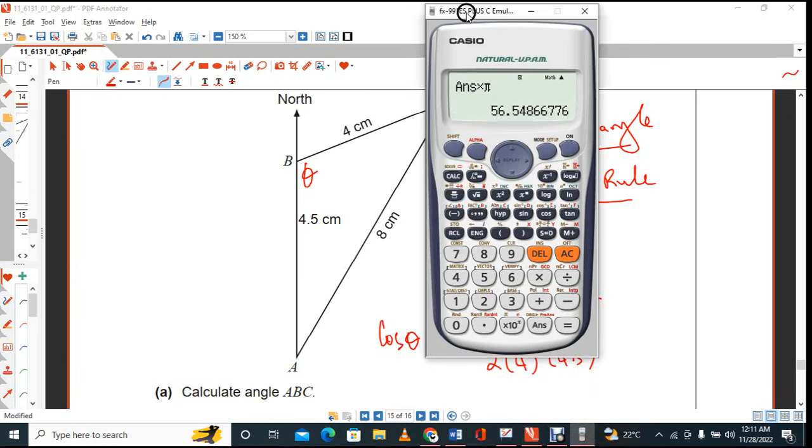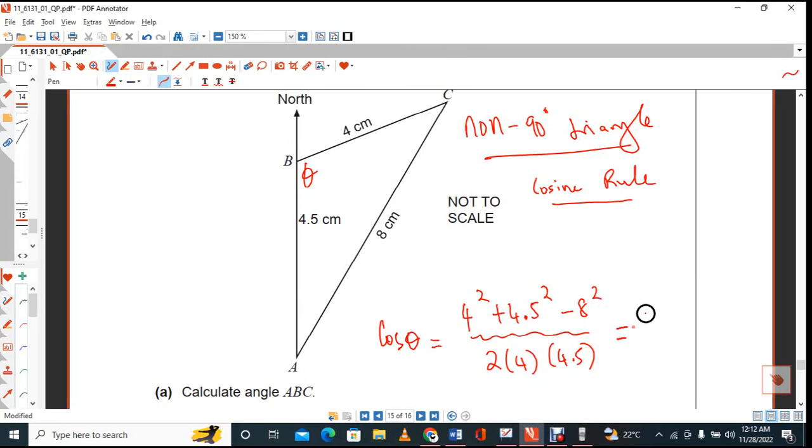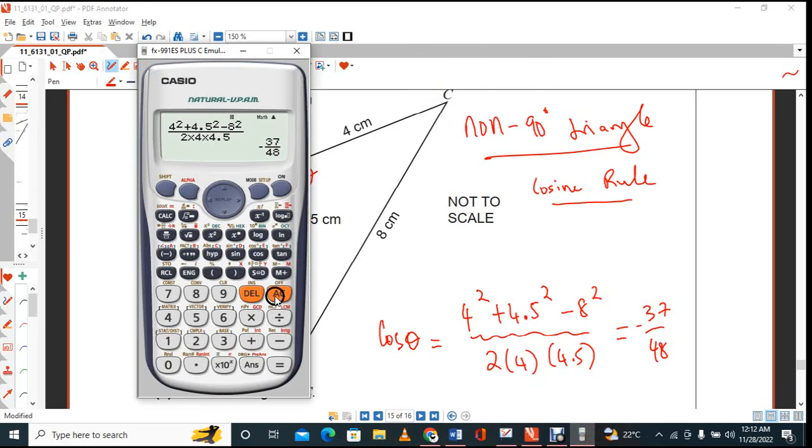If we grab a calculator and work it out, 4 squared plus 4.5 squared minus 8 squared, you're going to get a negative value here, and remember that cosine is negative in this case. So cos is negative 37/48. We are looking for the angle, so we say the inverse cos of negative 37 upon 48.